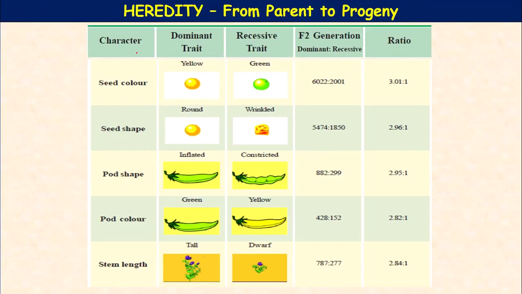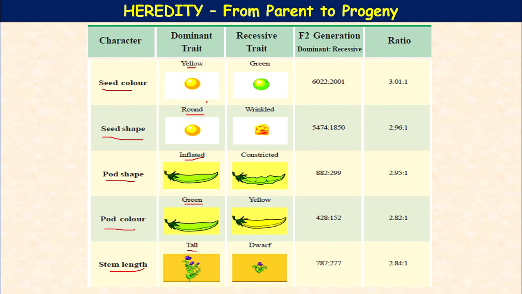Here is the table representing the characters: the seed color, seed shape, pod shape. These are all the shapes. Pod color, stem length. Here the dominant trait: the seed color is yellow, the seed shape is round, capital Y, capital R, the pod shape is inflated, the pod color is green, and this is the pod, inside which the seeds are present, the stem length tall.